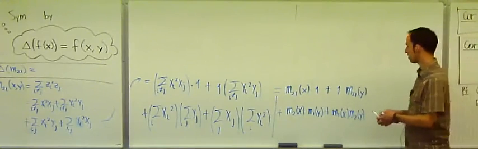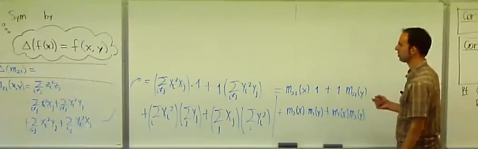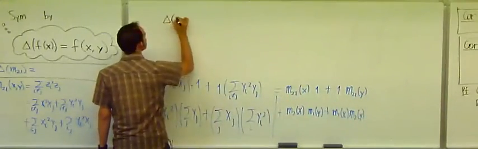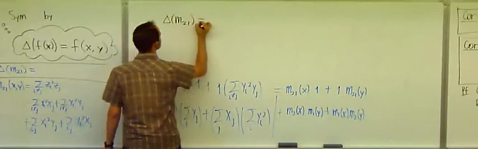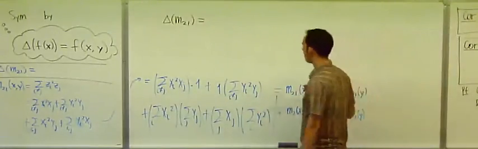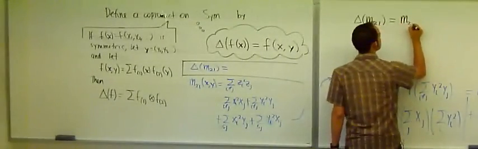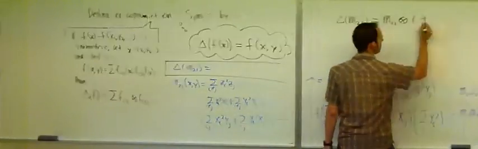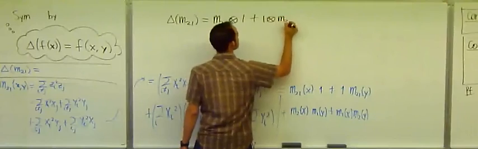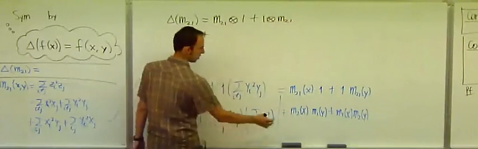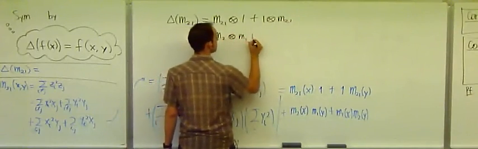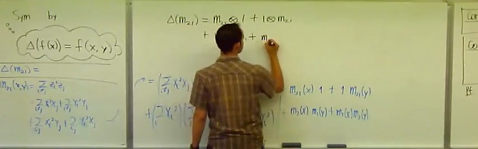And so given this, what should I define delta of m21 to be? Well, it should be m21 tensor 1 plus 1 tensor m21 plus m2 tensor m1 plus m1 tensor m2.